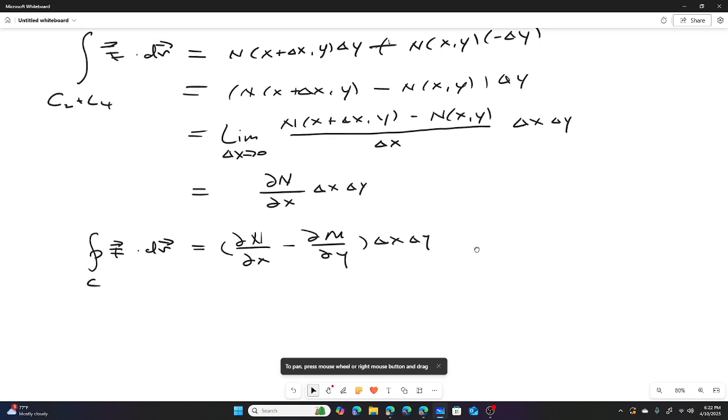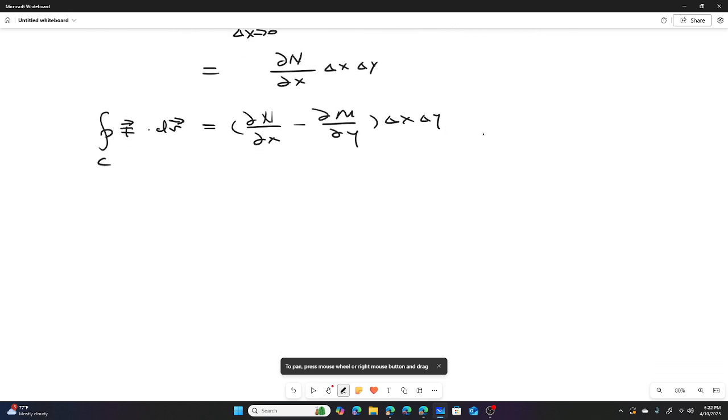But since the whole curve is really made up of tiny little rectangles, this small c is the circulation around this tiny infinitesimal rectangle.